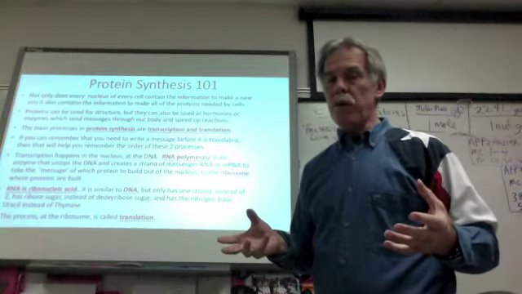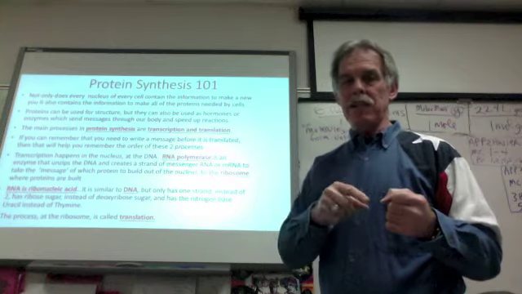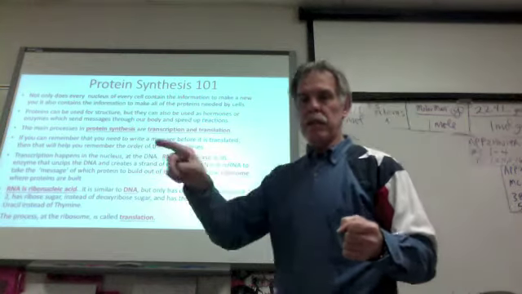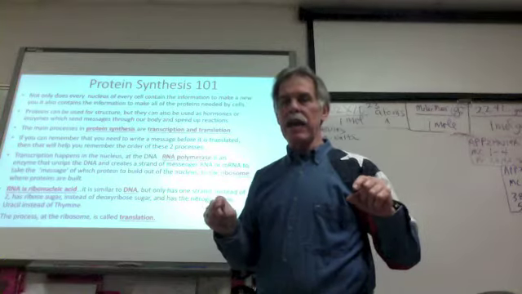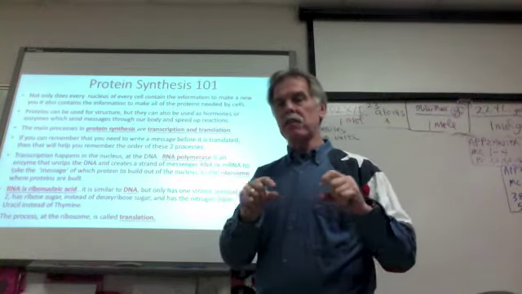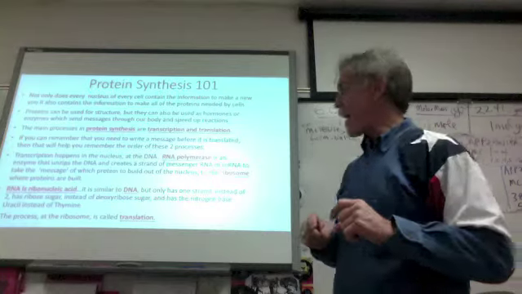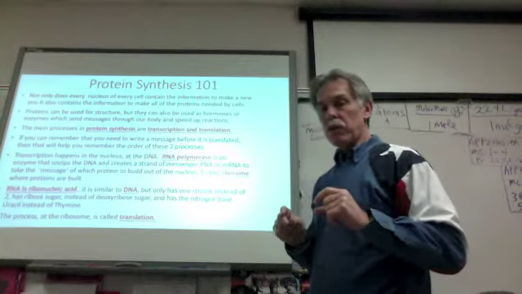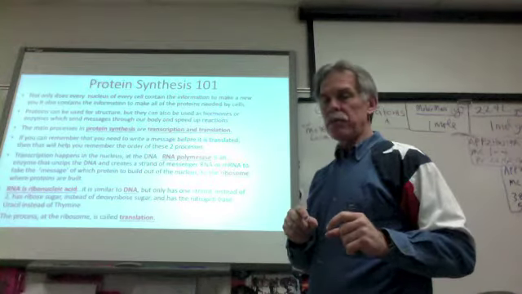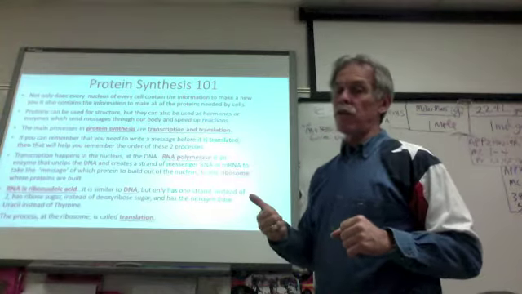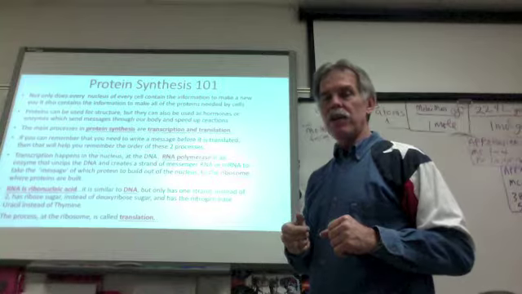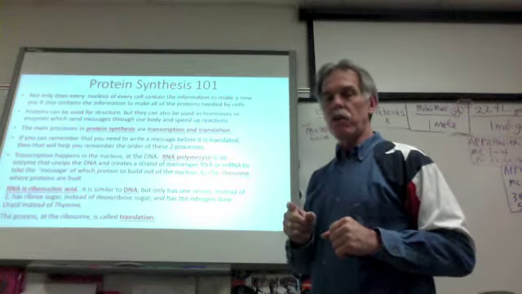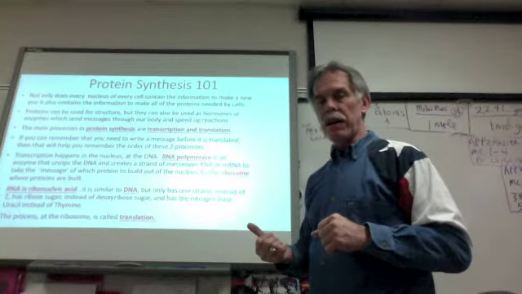Now that's real appropriate because it takes the message out of the nucleus to the ribosome. RNA is similar to DNA in a lot of ways, except it's a single strand. It has ribose instead of deoxyribose, and one of the bases is different. Wherever you would see T in DNA, you're going to see U, for uracil, in RNA.